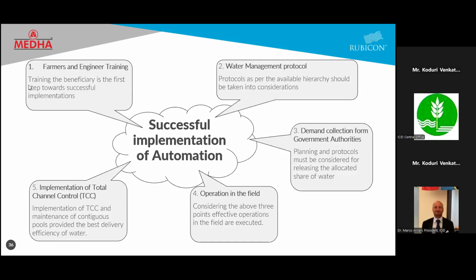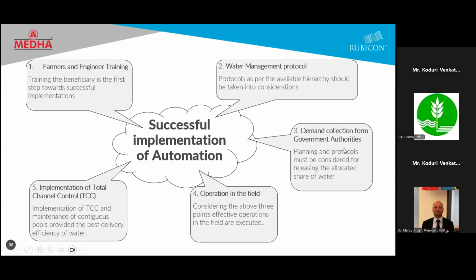The second step being the water management protocol. A water management protocol was implemented or discussed with the team of engineers and the stakeholders of the irrigation department, such that the hierarchy is mentioned, like which subdivision or division or what level of management will be operating which level of gate, and who shall be sending the command to the gate at what level.